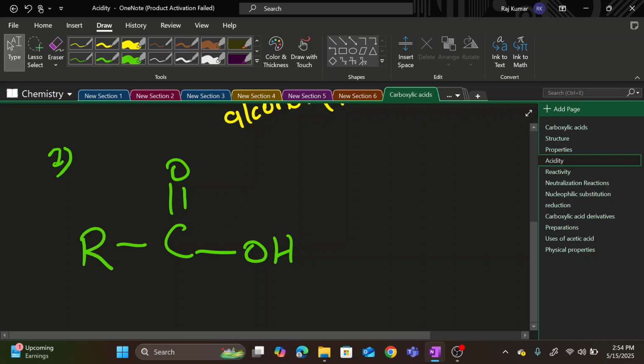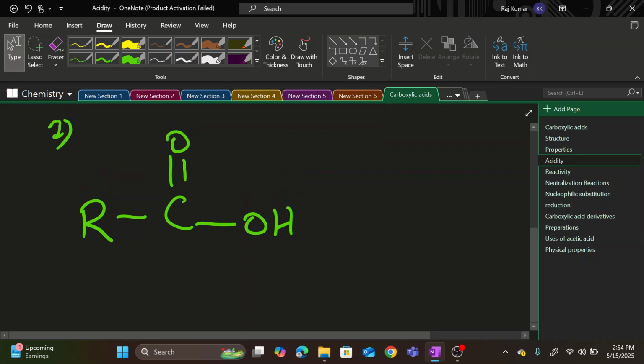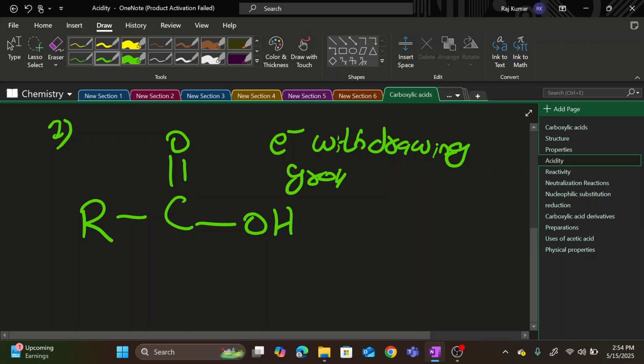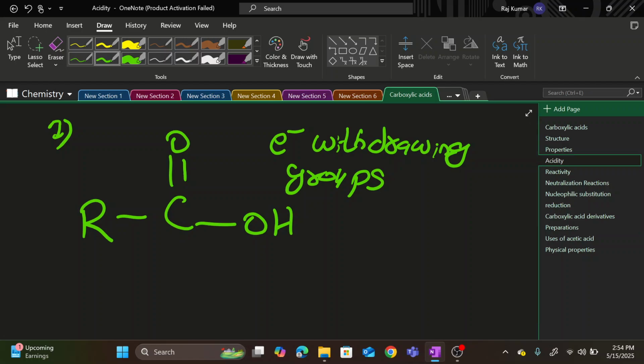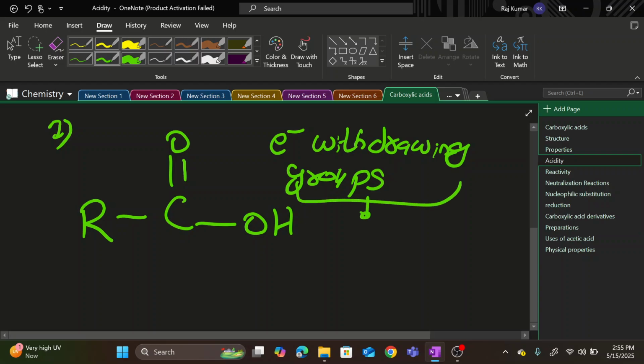In this structure, when I increase the number of electron withdrawing groups, I'm going to increase the acidity. Let's see what an electron withdrawing group actually does.